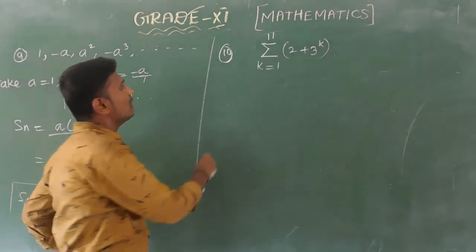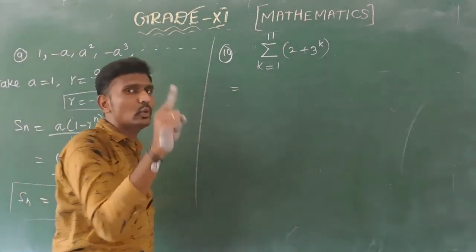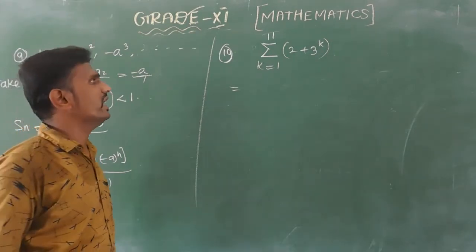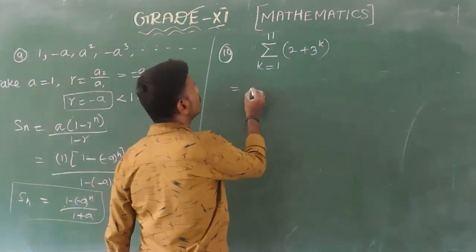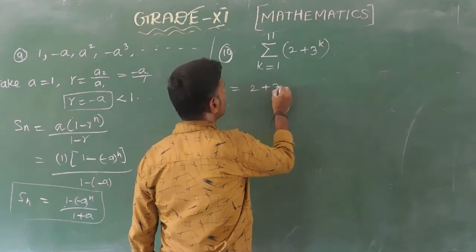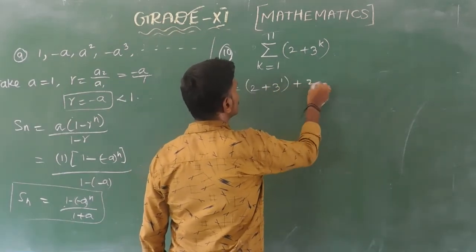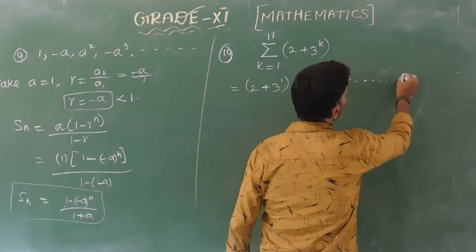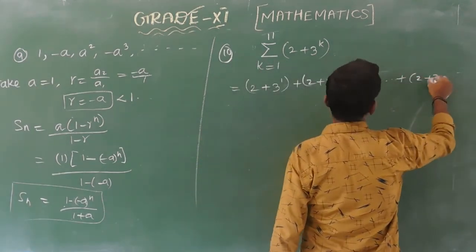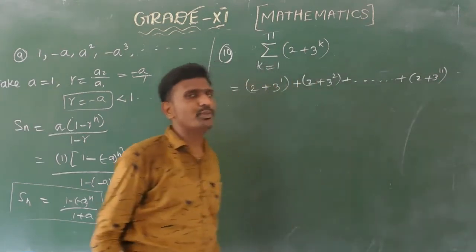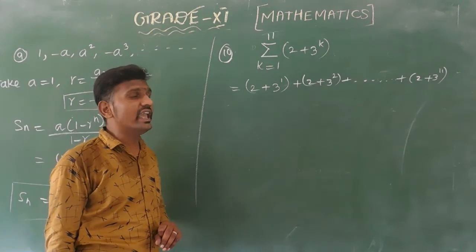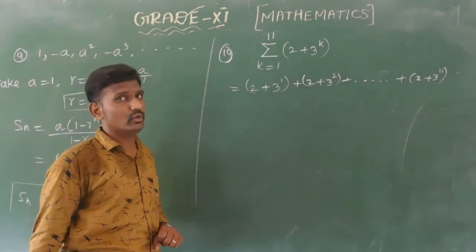So here I am going to use the value of k equal to 1, 2, 3, 4, 5 up to 11 times. So it will come 2 plus 3 power 1 plus 2 plus 3 power 2, up to the last, 2 plus 3 power 11, because the value of k is 1 to 11.